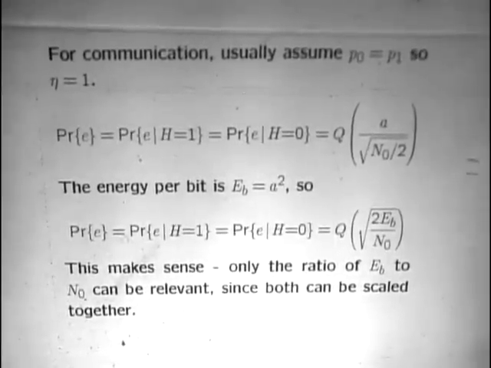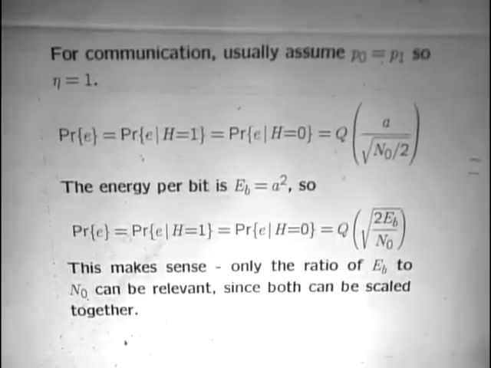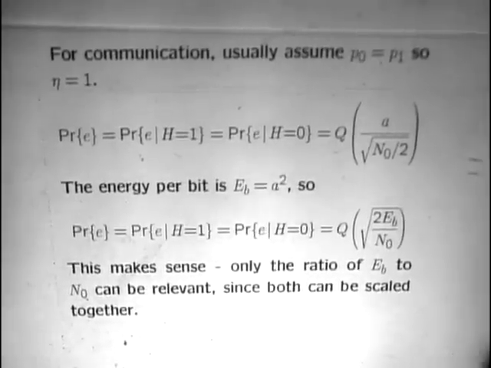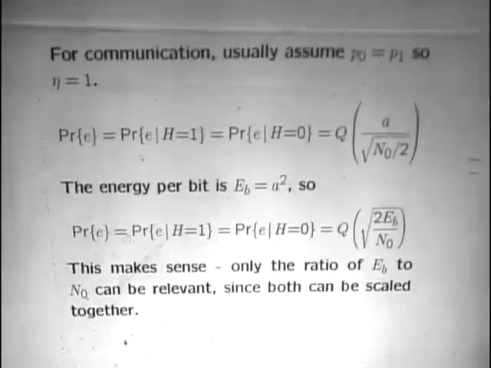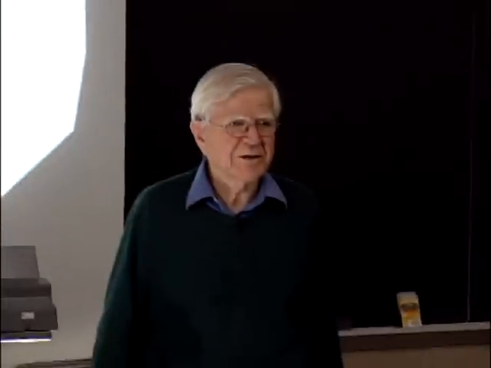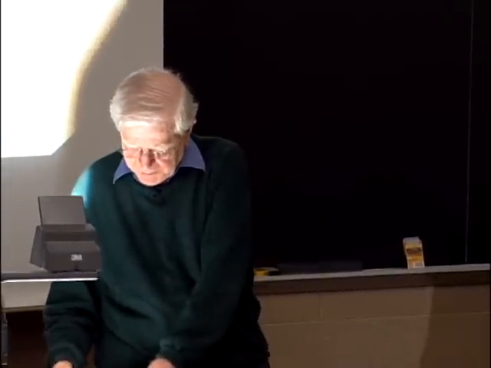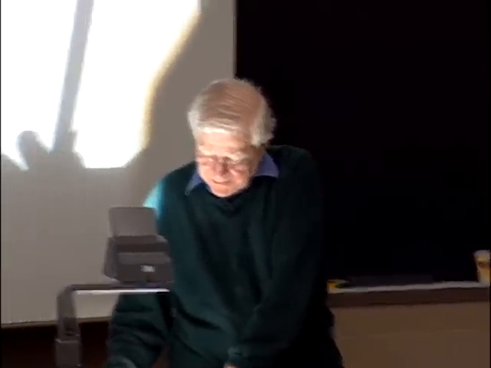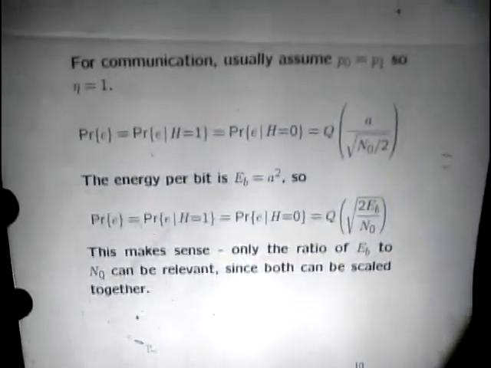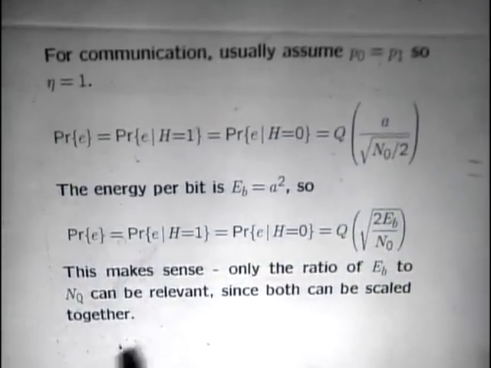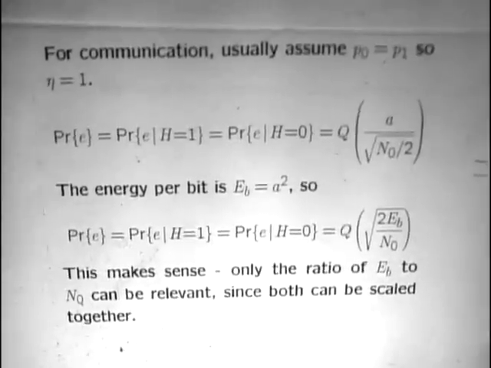But the amount of energy we're sending this one bit is a squared, at least back in this frame of reference that we're looking at now, where we're just looking at this discrete signal and single variable noise. And N0 over 2 is the noise variance of this particular random variable Z.